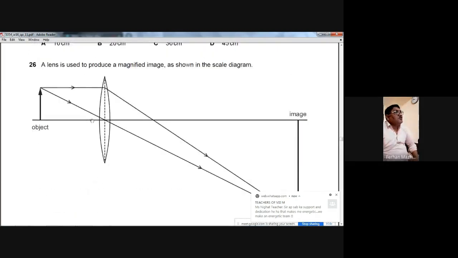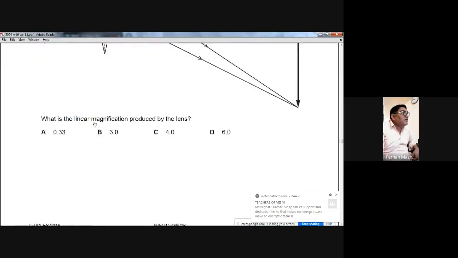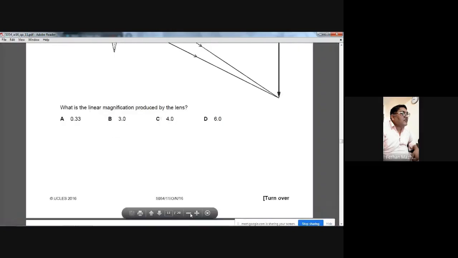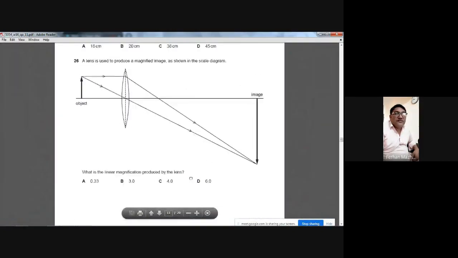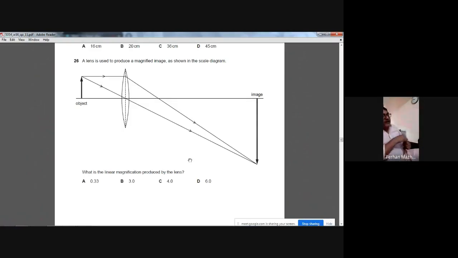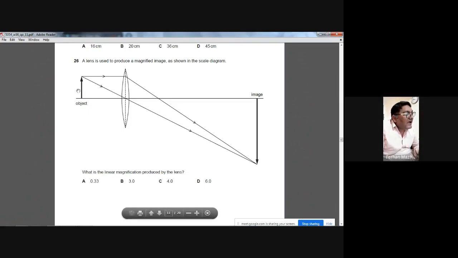He says the lens is used to produce a magnified image as shown in the scale diagram. What is the linear magnification? Very simple. For finding the linear magnification, the formula is very simple. Linear magnification is the height of the image divided by the height of the object. So if you are doing it on paper, or even on a computer, measure the height of the image and divide it by the height of the object. Clearly this seems 3 times larger than this.